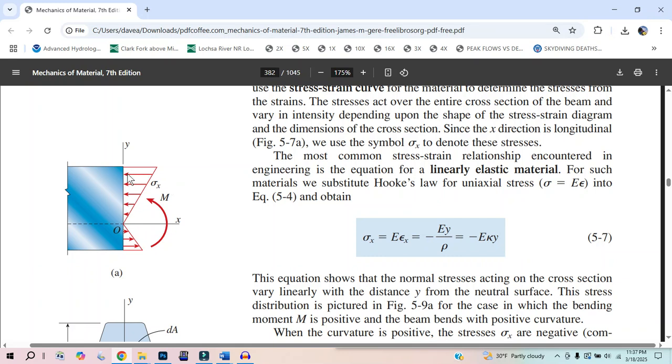But what's going to happen is that the forces on the top are going to be equal to the forces on the bottom. And they have to be, because our free body diagram says, hey, there's no resultant axial force. And so forces on the top equal forces on the bottom.